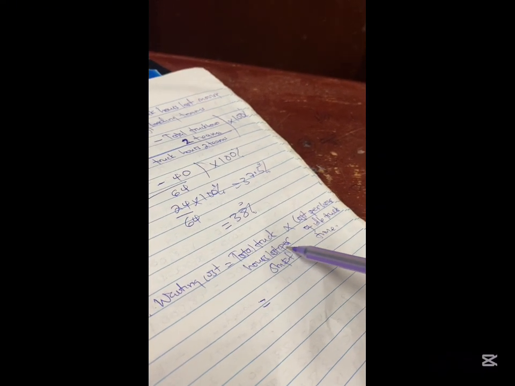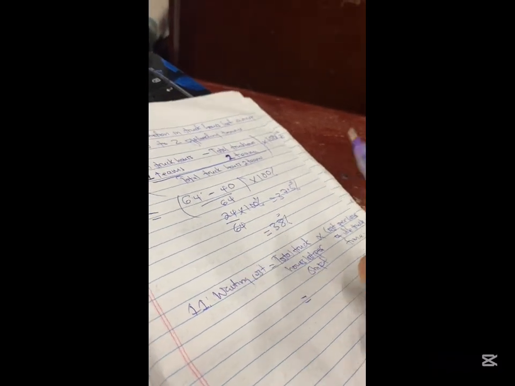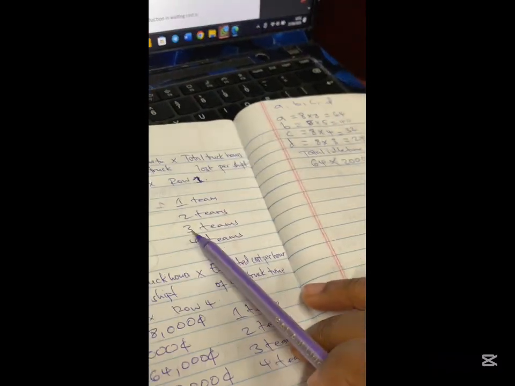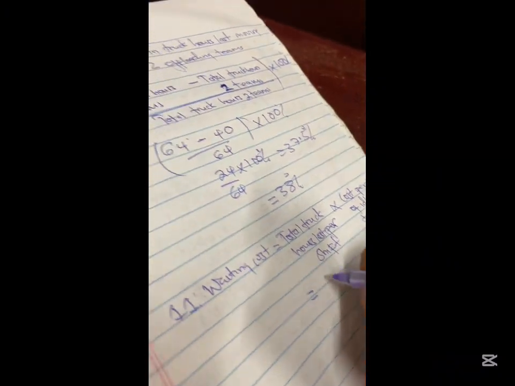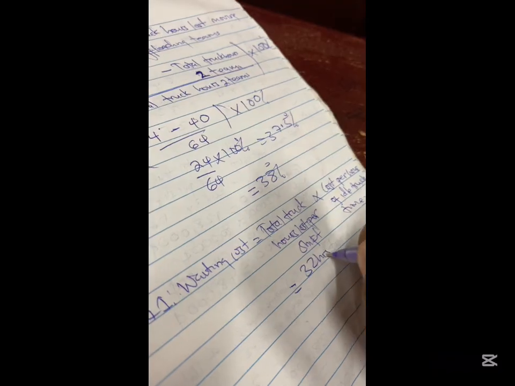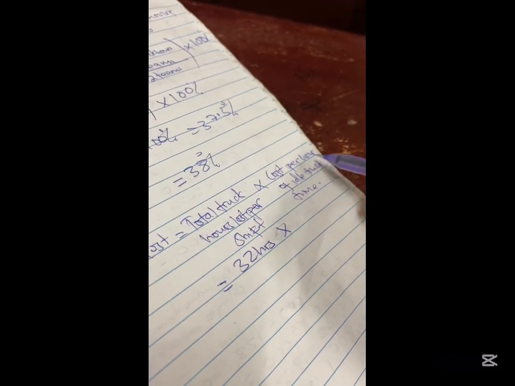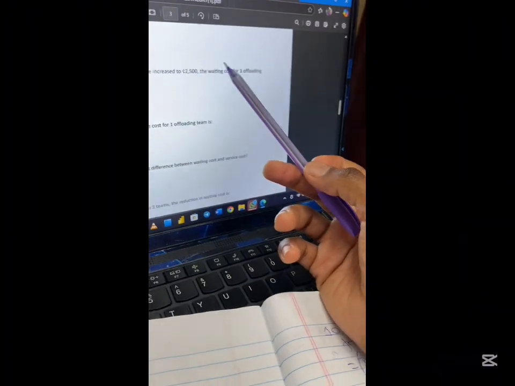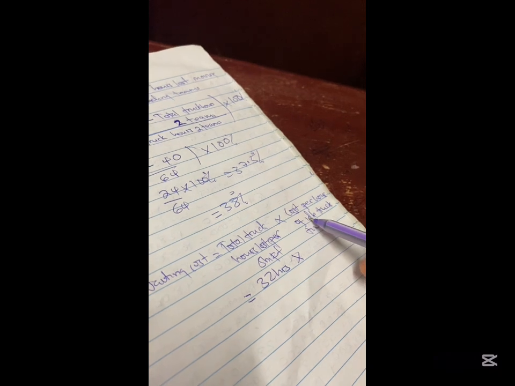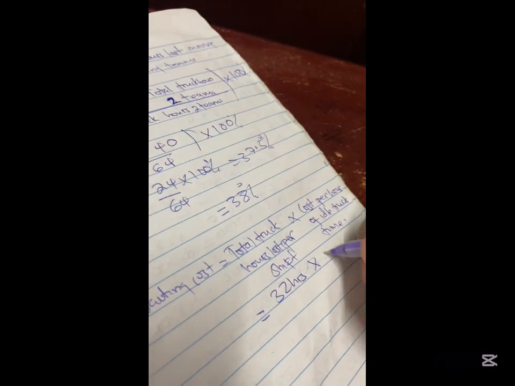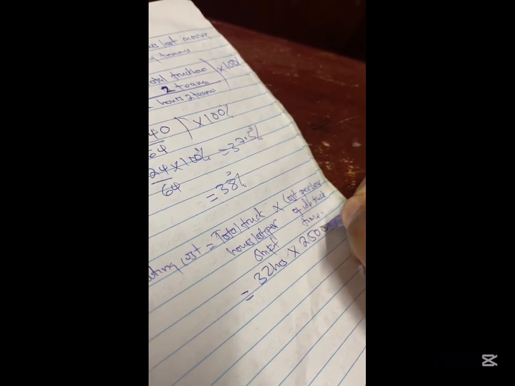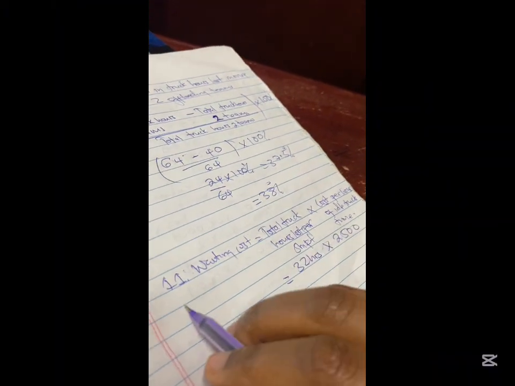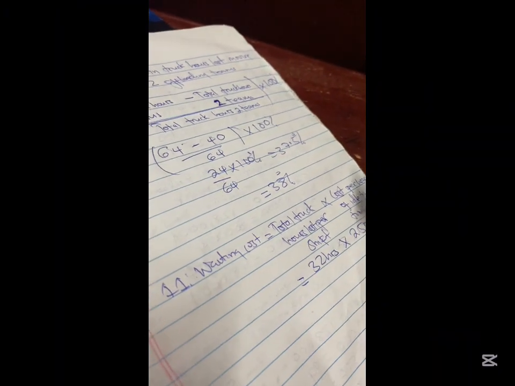The total truck hours lost per shift for 3 teams was 32 hours, so it will be 32 hours times the cost per hour of idle truck time. Before it was 2,000, but now the cost per hour of idle time is 2,500. So that will give us our new waiting cost for 3 offloading teams.